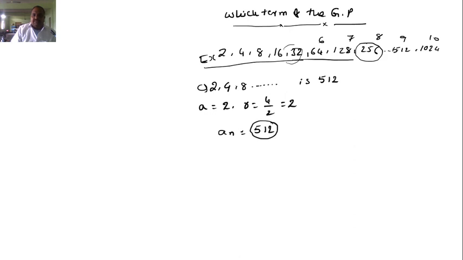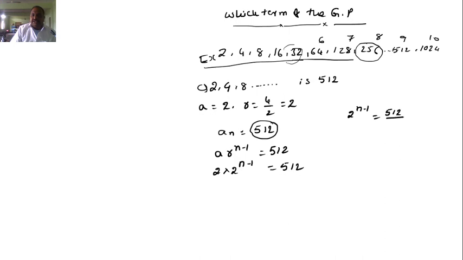So what is the formula for A n? A R power n minus 1 is equal to 512. A means 2, R means 2. 2 to the power of 2 into 2 to the power of n minus 1 is equal to 512. Send 2 to this side: 2 to the power of n minus 1 is equal to 512 by 2, since 2 is multiplying on that side.